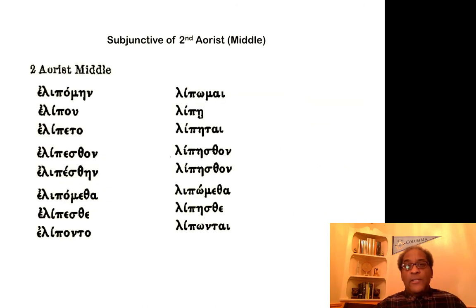In the second aorist, just as you should expect by now, you're simply adding those middle endings of the subjunctive with the expanded thematic vowel to the second aorist verb stem: lipomai, lipe, lipetai, lipometha, lipesthe, lipontai. If you compare those with the indicative forms, they stand out quite distinctly.